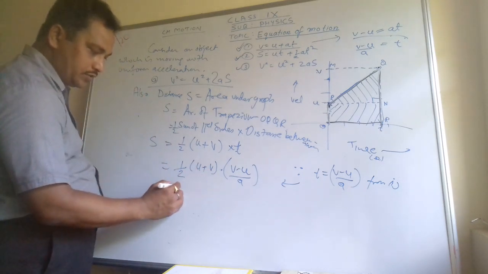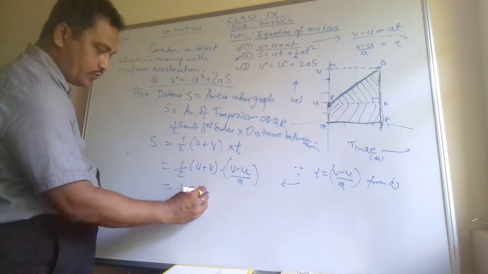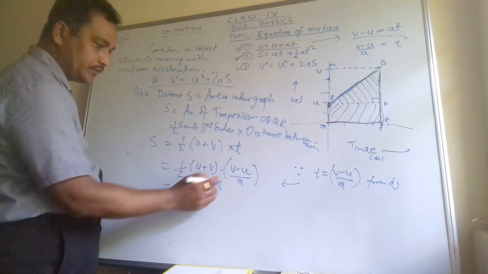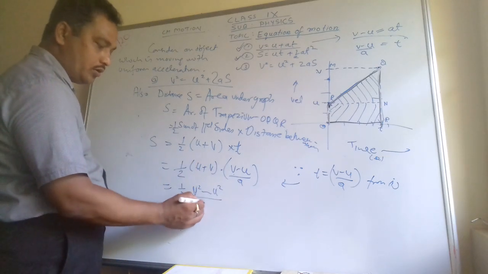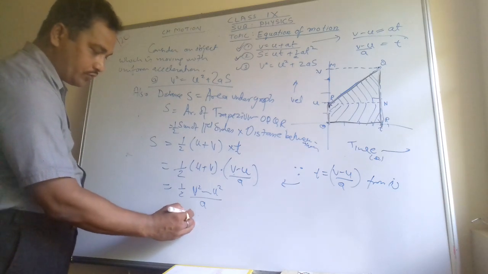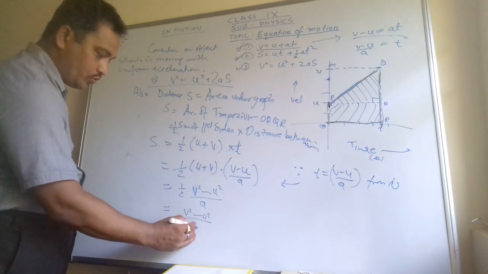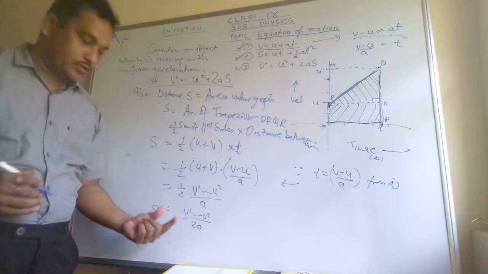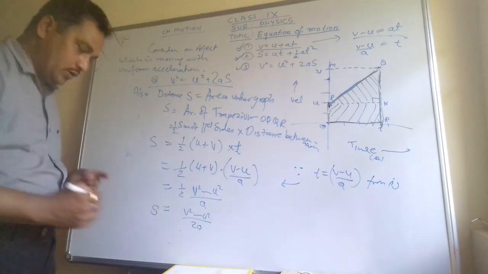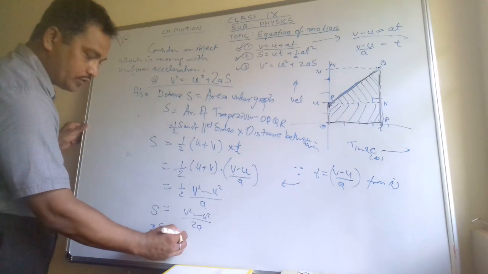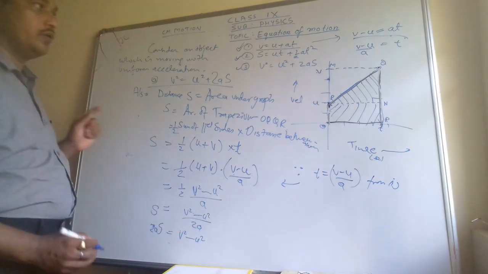So it becomes half into v square minus u square, upon a. So we can write it as v square minus u square upon 2a. This is s. Now by cross multiplying, this 2a will come to the other side, so this will become 2as is equal to v square minus u square.